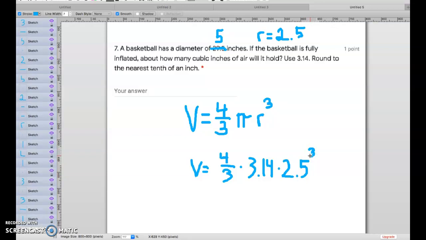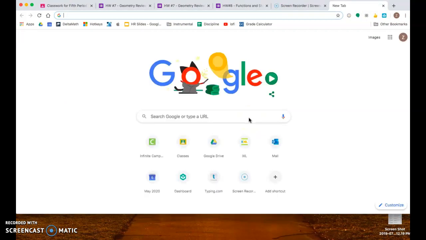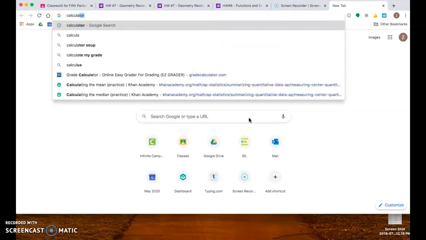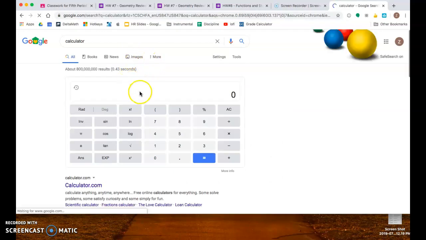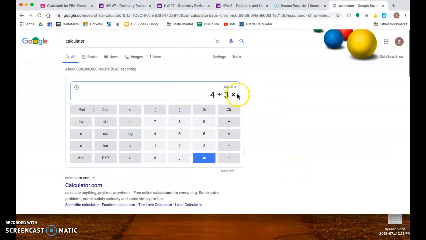Now I'm going to take my calculator and do this multiplication. Why don't I just do it in Google? So let's do calculator. 4 divided by 3 times 3.14 times 2.5 cubed, which is just multiplying by 2.5 three times.